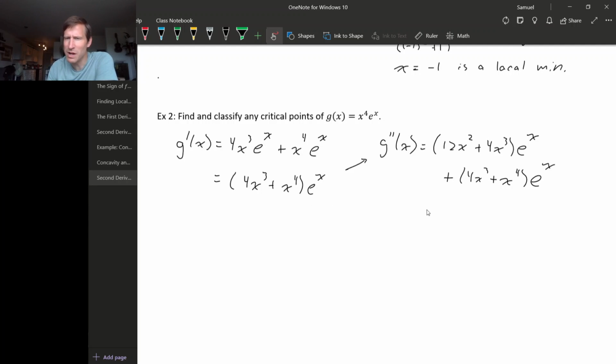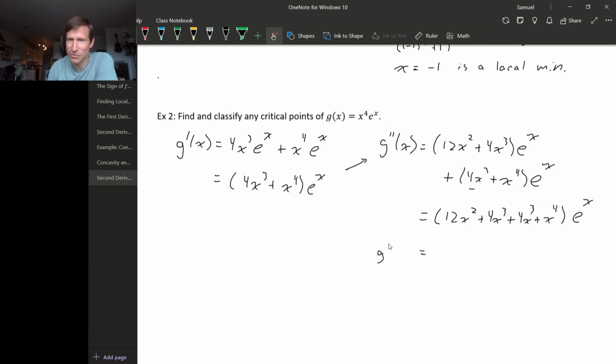To simplify this, why don't we factor out the e to the x, so we get (12x squared plus 4x cubed plus another 4x cubed from down here plus x to the fourth) all times e to the x.